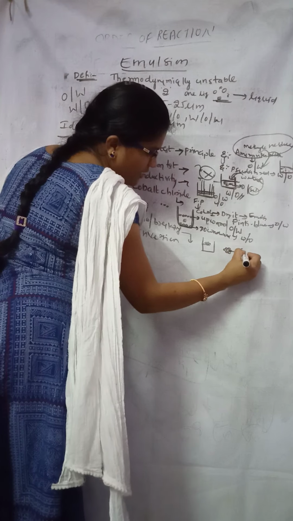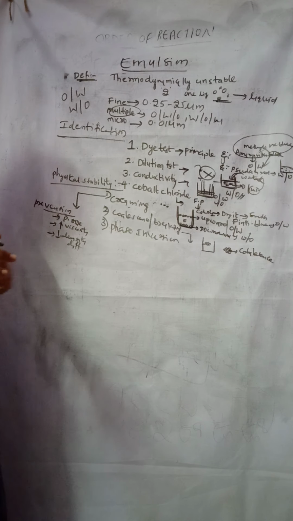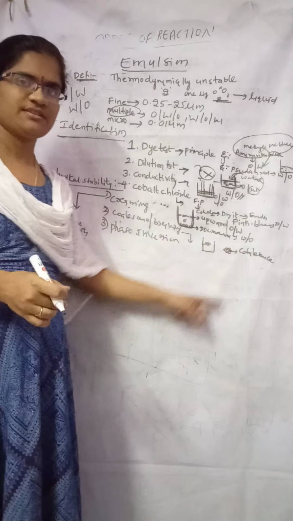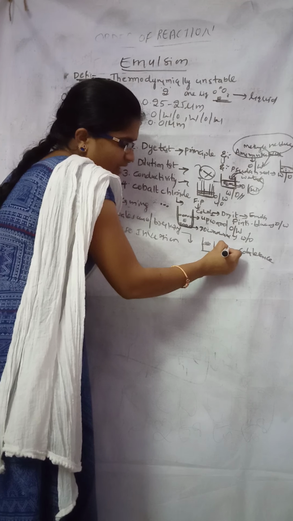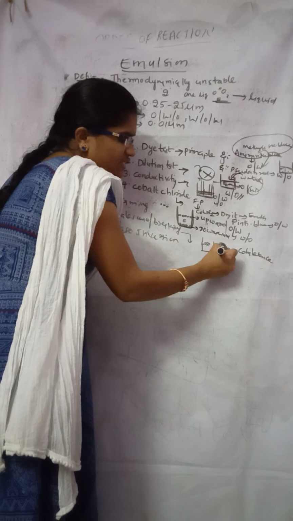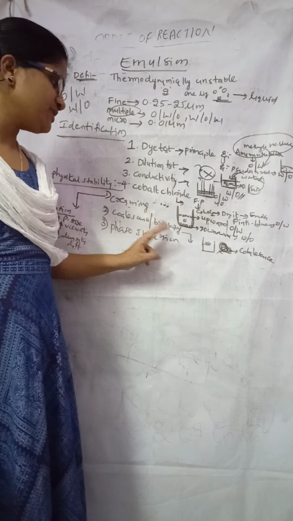It is called coalescence. While forming this big globule, there is a break or destruction of the emulsifier film around the globule. As the destroying of the emulsifier film is happening, it is called breaking. So this is coalescence and breaking.